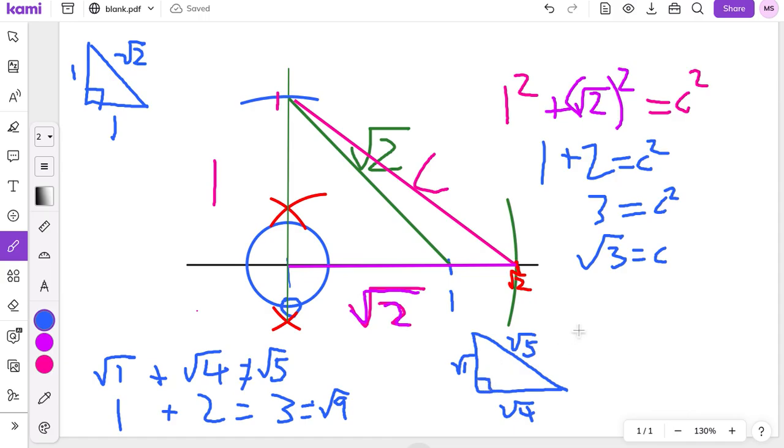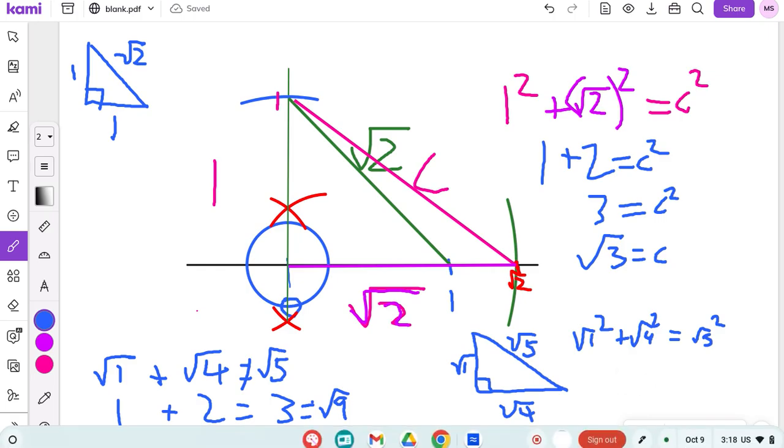Because it's the first one squared, square root of 1 squared, the square undoes the square root, plus root 4 squared. Well, that's going to be root 5 squared. And so we know that the third side is root 5.